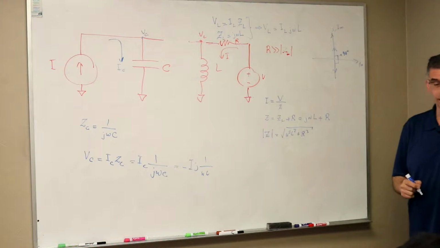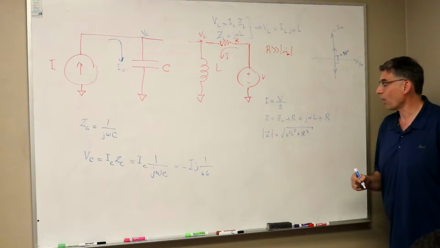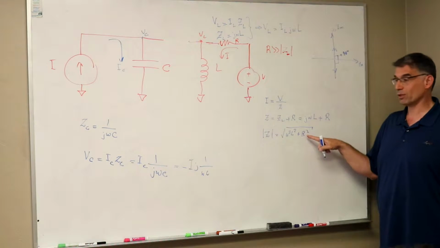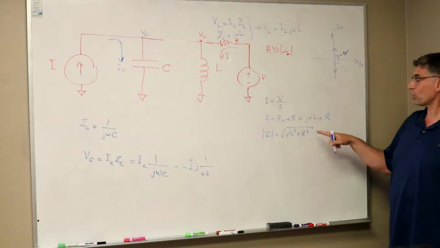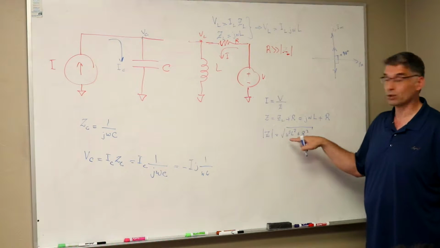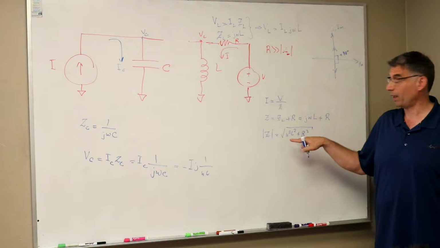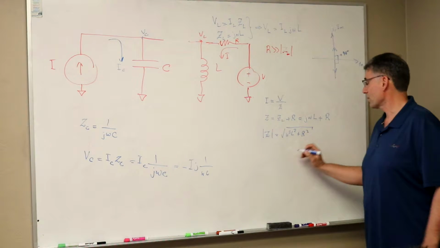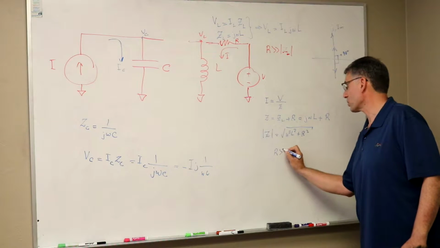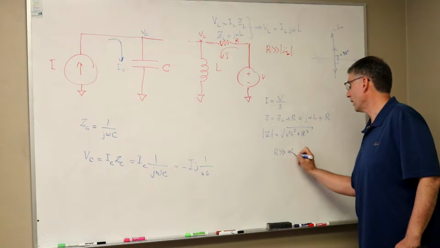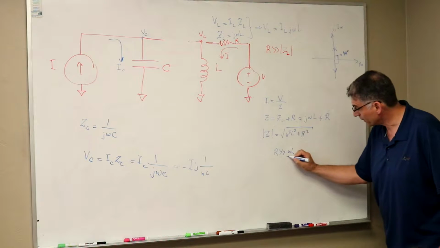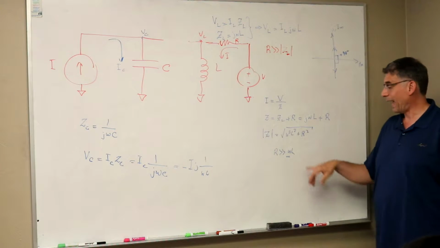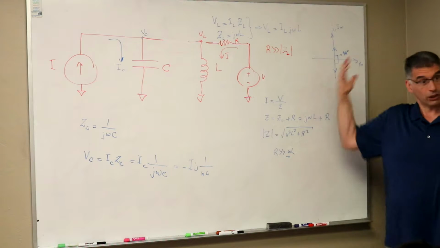Okay, so we are interested in resistance values that are much larger than the magnitude of ZL, right? So we're talking about R's that are much bigger than omega L over the range that we're going to look at. Okay, well, at low frequencies, we're good, right?